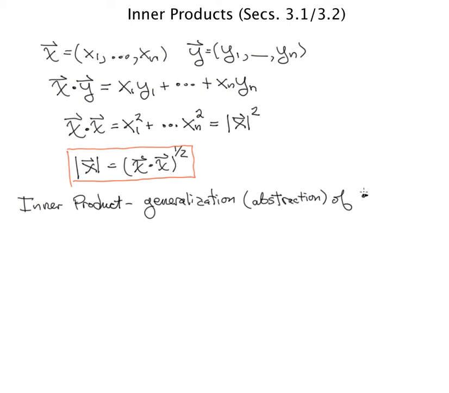And I should write that down. On Rn there are many inner products, including just one of them is the dot product. And by abstraction, I mean we're going to do this on an abstract vector space, not just Rn.